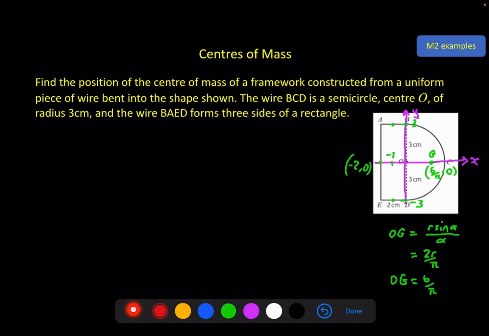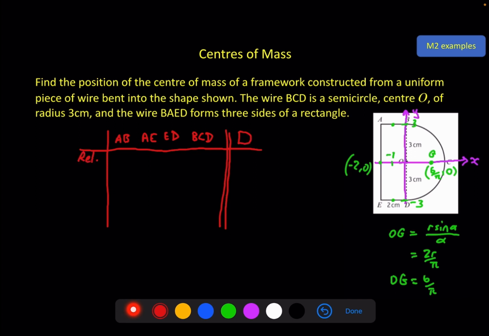Now I'm ready to make my table. We've got AB, AE, ED, and the arc from B all the way around through C to D. Then I've got my full framework shape.